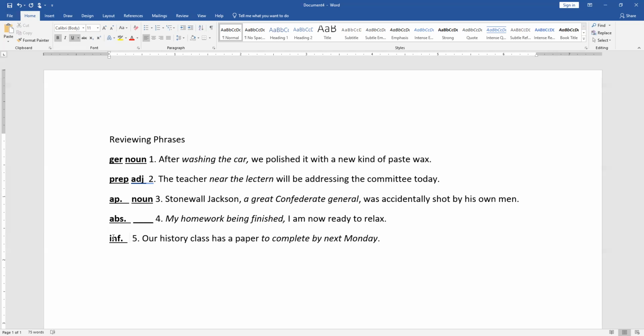So let's see. Yep. It's an adjective describing like which paper, the paper to complete by next Monday. Infinitives can be nouns, adjectives, or adverbs. Only participles can be adjectives. So good guess.